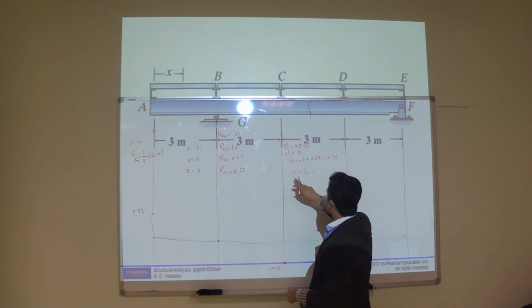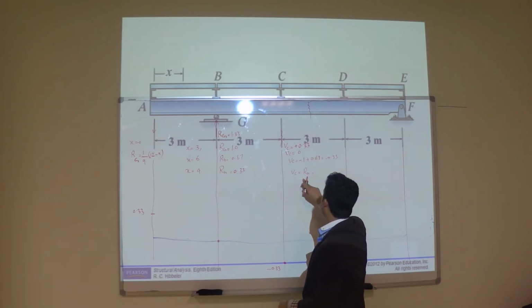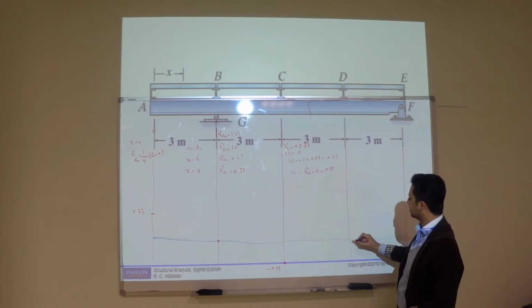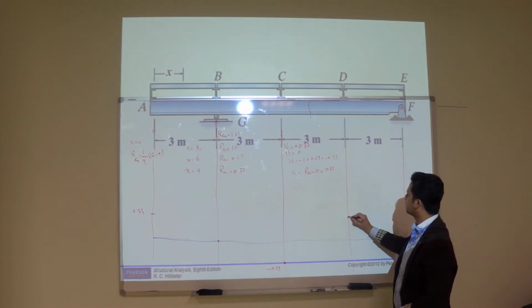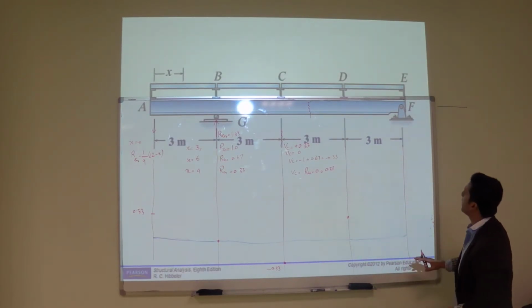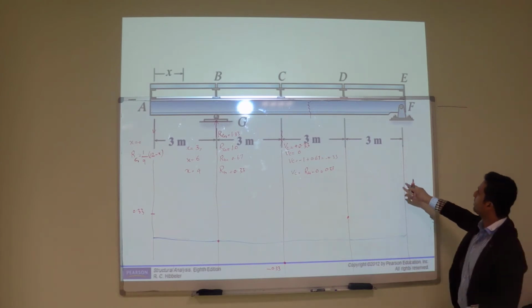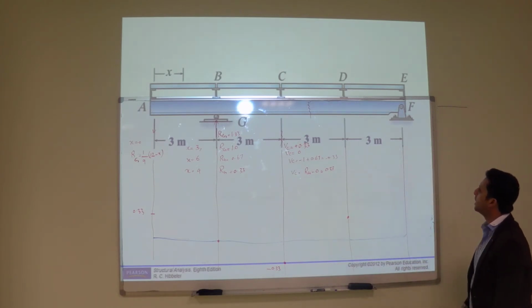So VC will be equal to RG, or 0 minus RG, so it is 0.33. Positive or negative? Positive. And when the load is at point E, how much will be the shear? 0.